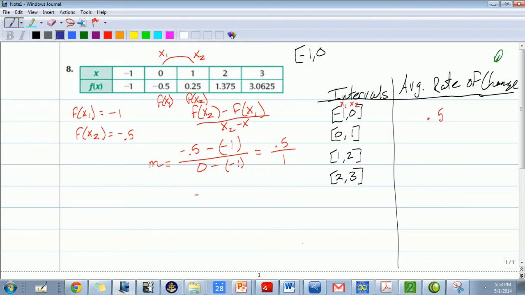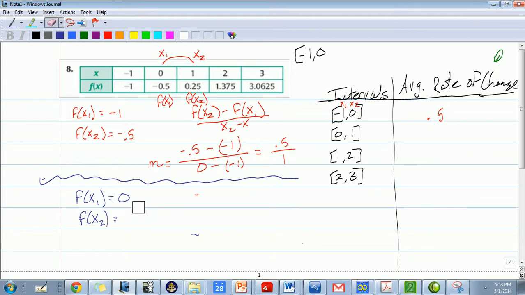I'm sorry, f of x1 doesn't equal 0. F of x1 is going to be negative 0.5 and f of x2 is going to be 0.25.